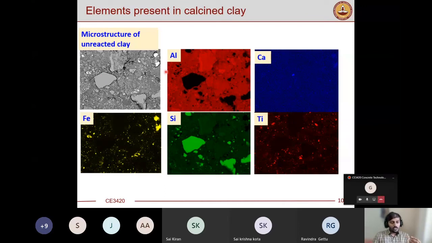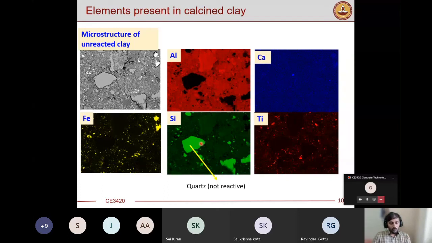What you can see is there are these major elements which are present. You have aluminum, you have calcium, which is a very minor amount, and then you have iron, you have silica and titanium.